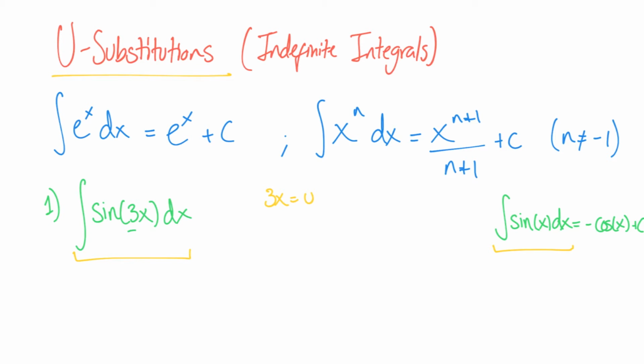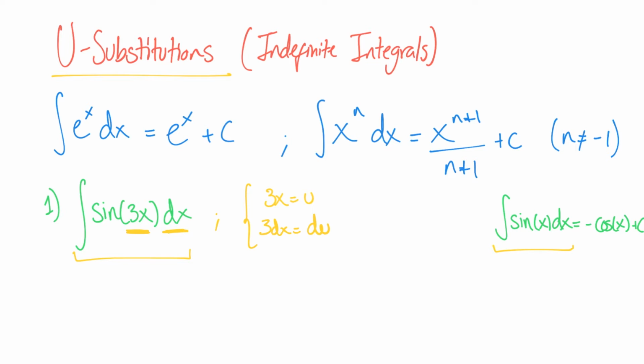Then I'm going to take the derivative of both of those, because I'm not going to be dealing with x anymore, I'm going to be dealing with u. I'm going to change this 3x right here, but I also need to change this dx right here. So this is going to be 3 dx, and this is going to be du. And that's my change of variables, basically.